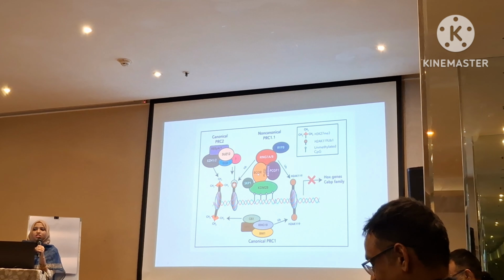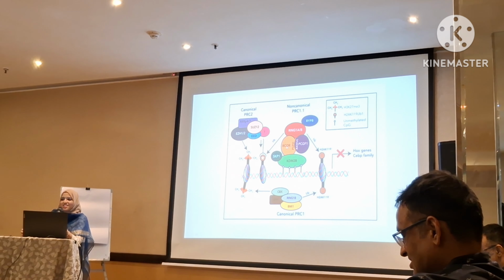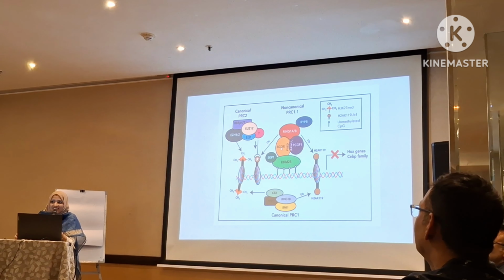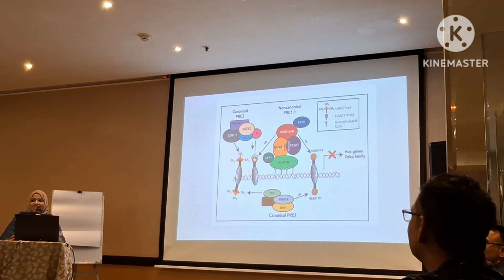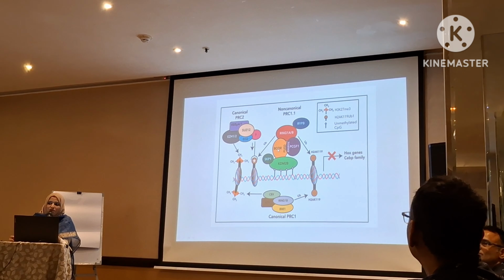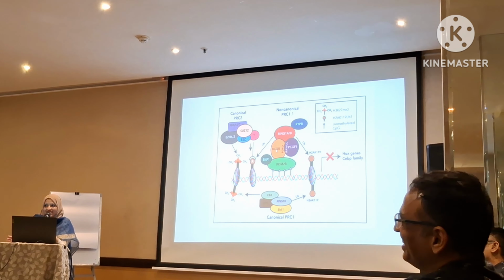Okay. So what is BCOR? Is it a tumor suppressor gene or an oncogene? Tumor suppressor. So what is the function of a tumor suppressor gene? It has to suppress gene transcription.